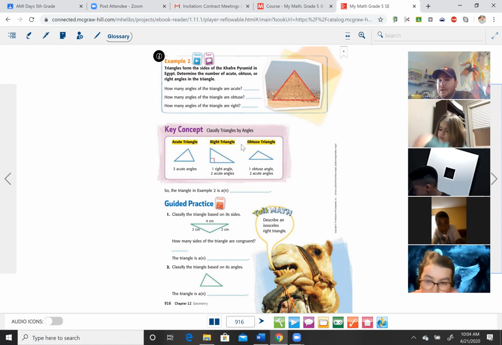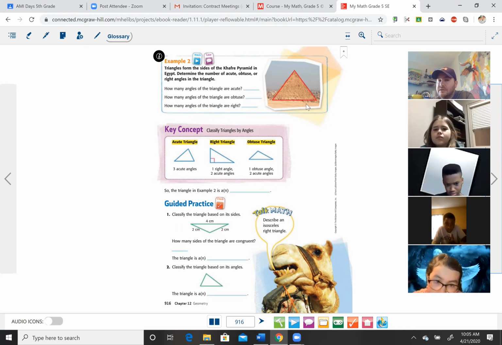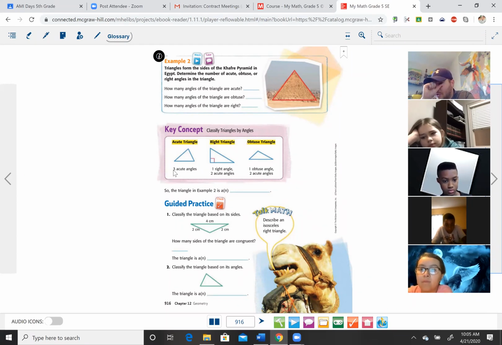So right triangle, there are 0. I would say none of these are obtuse because none of these are bigger than a 90-degree angle. So this is acute, this is acute, and this is acute. So I would call this an acute triangle. Acute is a small angle, smaller than 90 degrees. It's so small, it's cute.